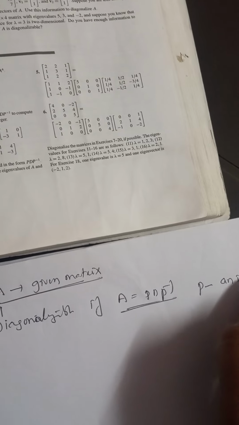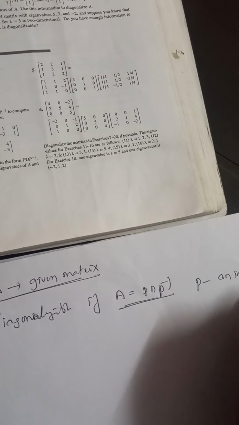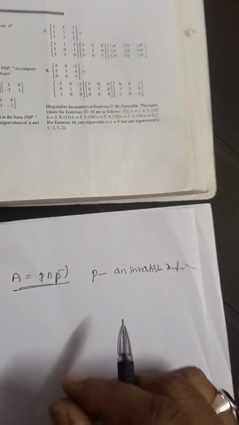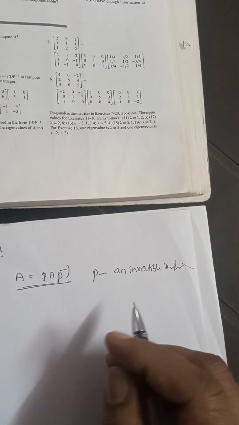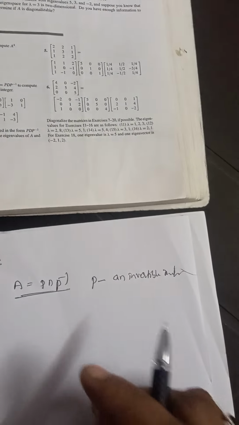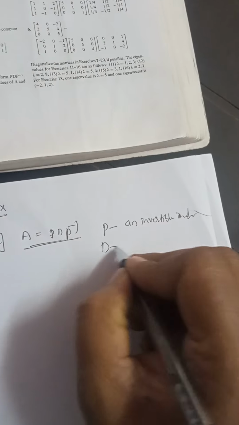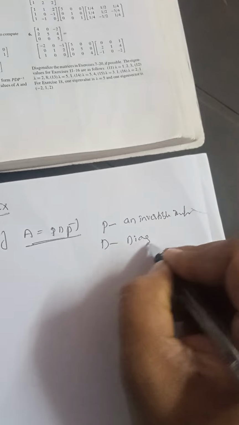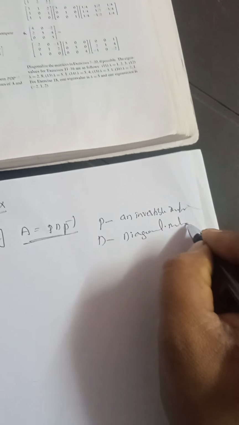P is an invertible matrix. Invertible matrix means inverse of a matrix exists, then the matrix is said to be invertible. If inverse of a matrix does not exist, then it is not invertible. What is D? D is a diagonal matrix, right?